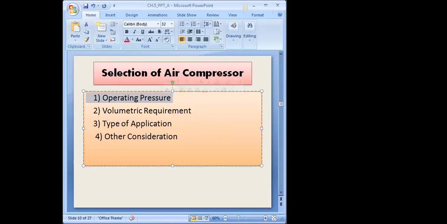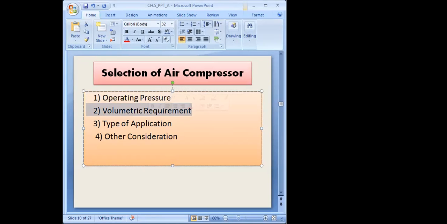So whatever operating pressure is required by the system, depending on that parameter you can select whether you have to go for the rotary type air compressor or the reciprocating, that means the positive displacement. This is the first parameter that we have to consider while selecting the air compressor.